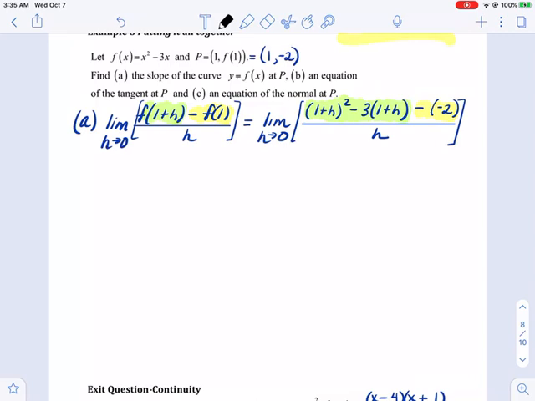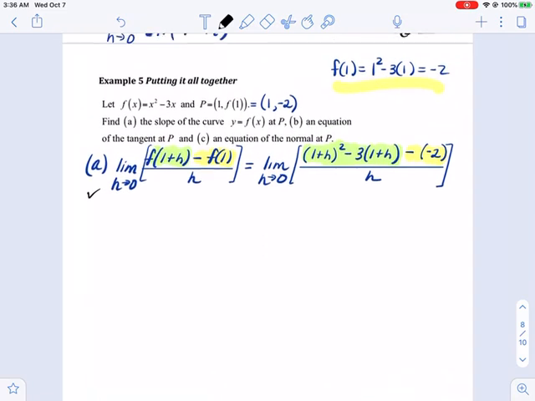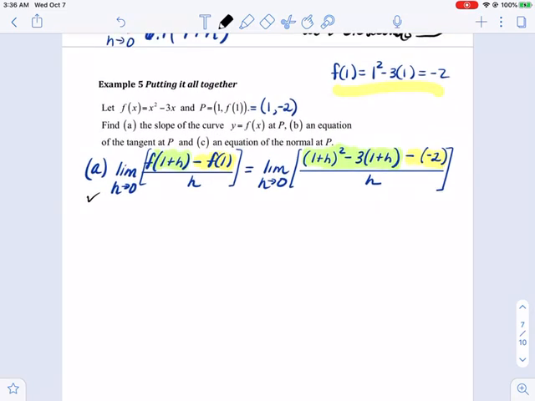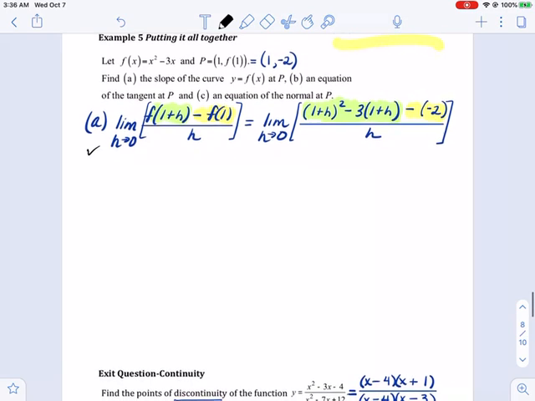Okay, so we'll pick up where I've already got it started, where we take the limit as h approaches 0 of f of 1 plus h minus f of 1 over h. And then all I did in the second step is I replaced f of 1 plus h with the function, x is out and 1 plus h is in, and I replaced f of 1 with negative 2.